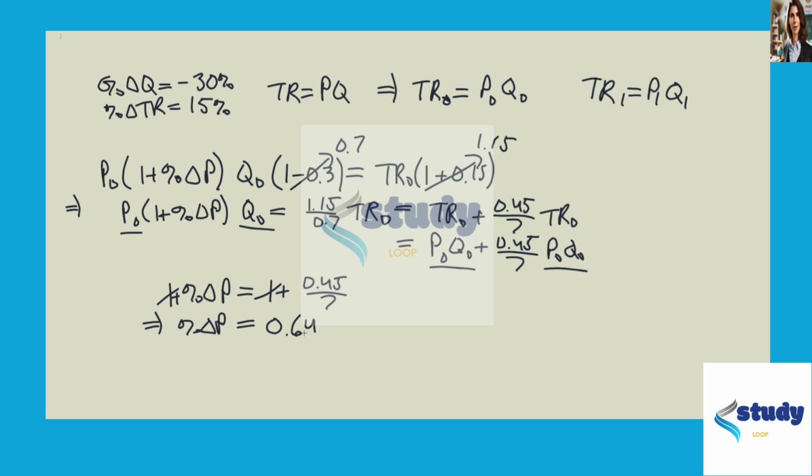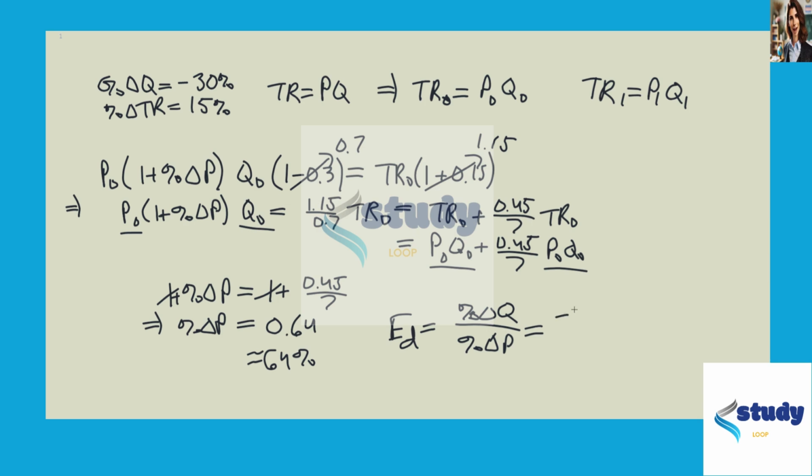So I have a percentage change in price equal to roughly 64%, which induces a percentage change in quantity of minus 30%. But the important thing here is to just plug these values back into the price elasticity of demand formula, which is just percentage change in quantity over percentage change in price.